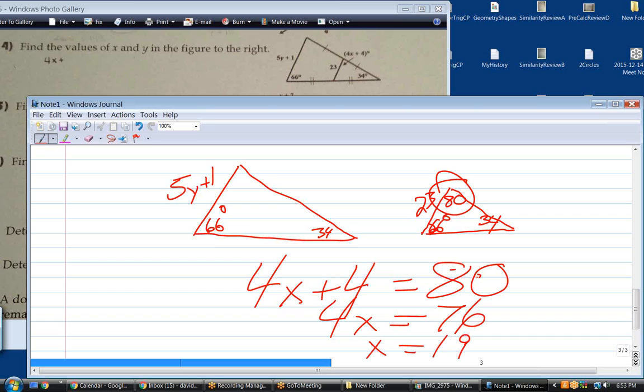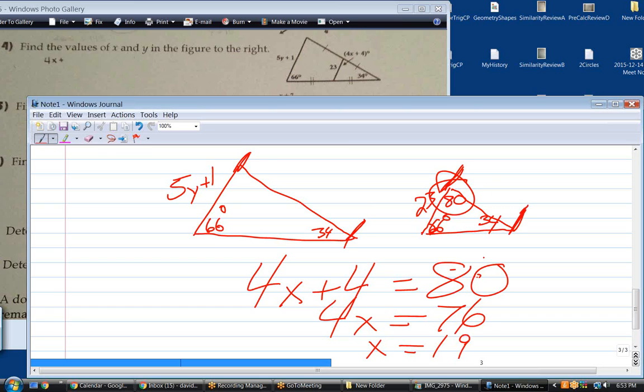Now, what is the similarity ratio between these two triangles? They don't give it to you, but you can figure it out. In other words, I know that this side is twice this side, correct?